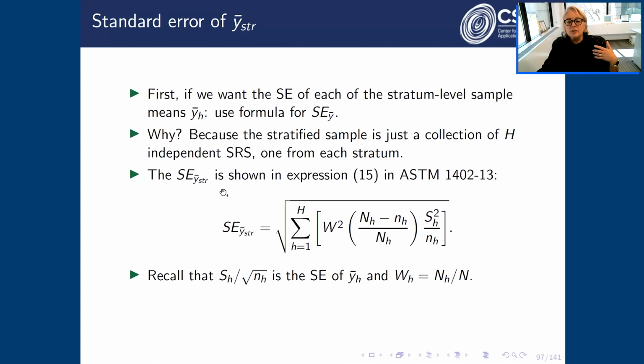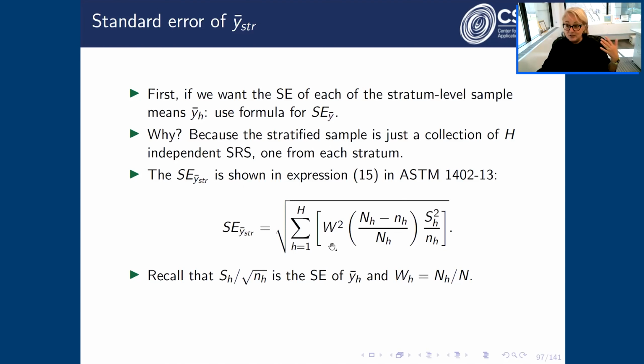Well, you end up with an expression that looks horrific, but it's really not that bad. So what am I looking at here? The standard error of y bar STR is what? Let's start with this piece. This is just the variance of y bar in the h-th stratum, the same formula we had before. This is the finite population correction factor for the h-th stratum. We don't have the minus 1 here, but it doesn't matter. And this here is that weight.